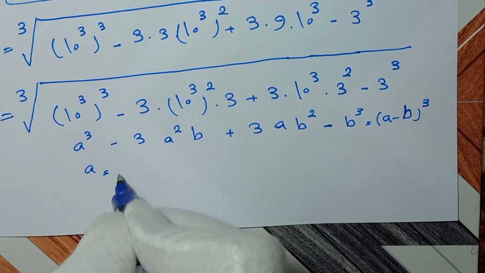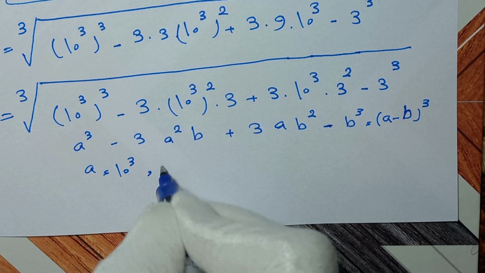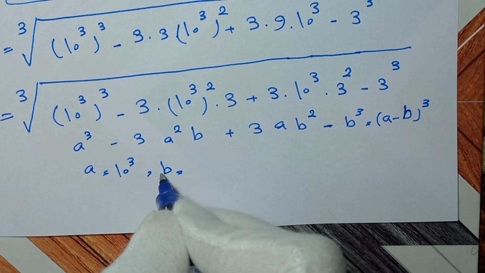Here a is 10 to the power of 3 and b is 3.